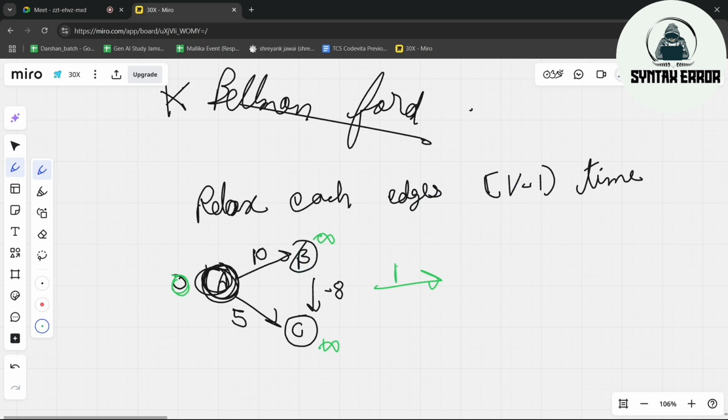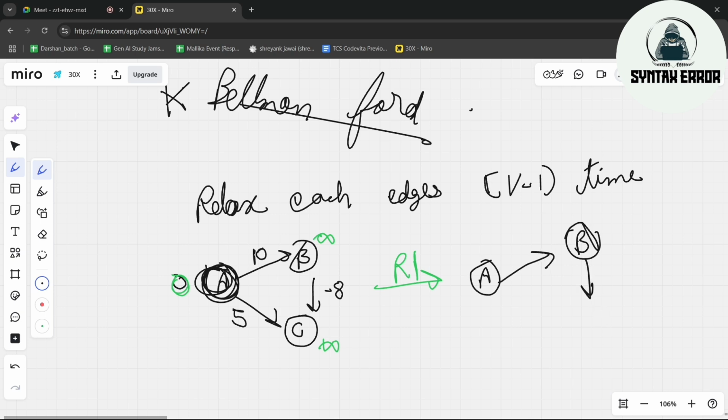So when we relax one time, what will we check? The same relaxation concept. Previously what we did, the distance between these two: 0 plus 10. If 0 plus 10 is less than infinity, yes, the condition is true. At that time we will update this one. The initial values are the same.